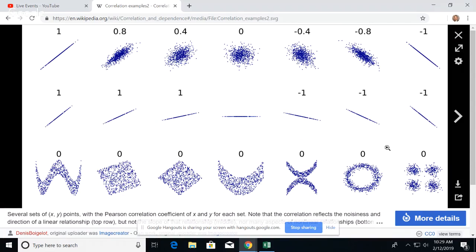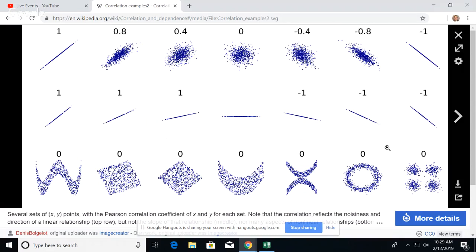So if you look at your correlation coefficient and it tells you that it's 0, but you don't look at your scatter plot, if it's a null plot, you can correctly say that there's no correlation. But if it's something that looks like this big W here, this would tell you that there's not a straight line correlation. Okay, so you need to always look at your scatter plot before you calculate your correlation coefficient.